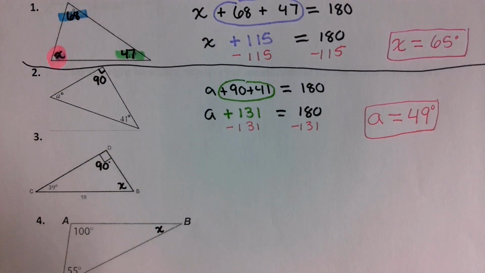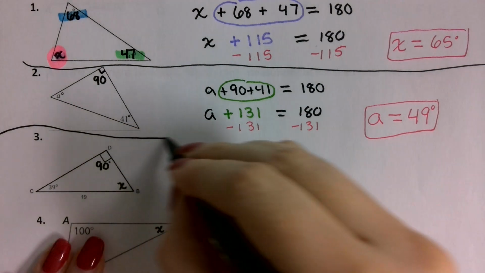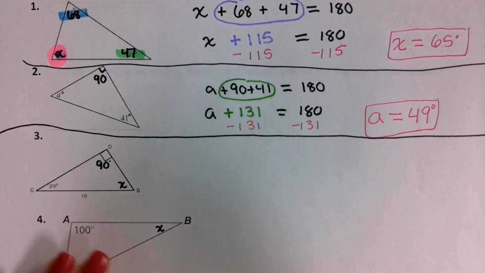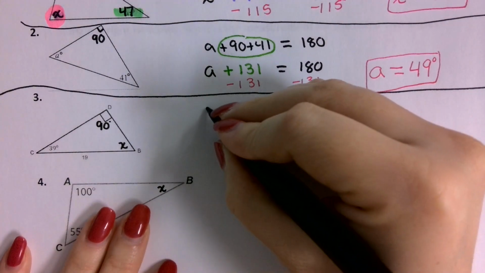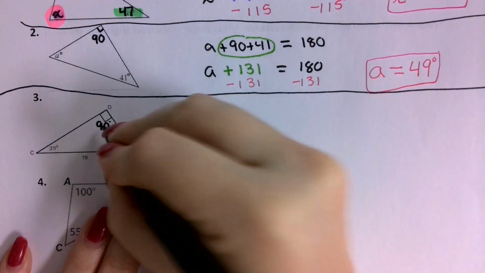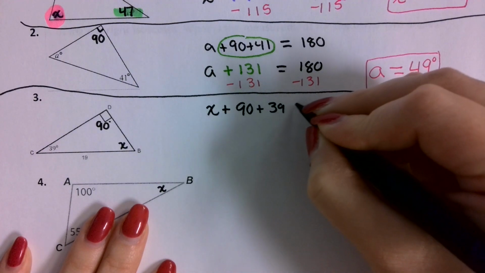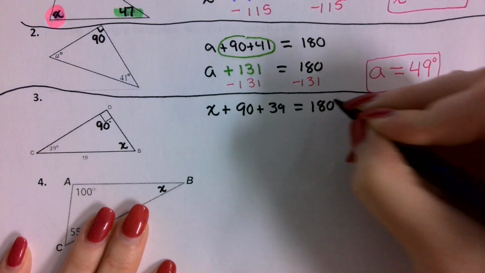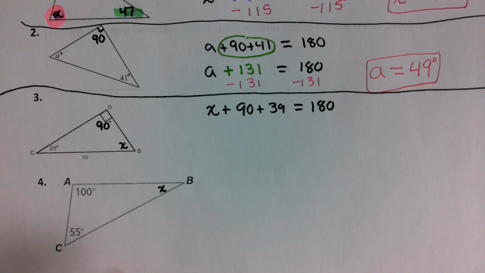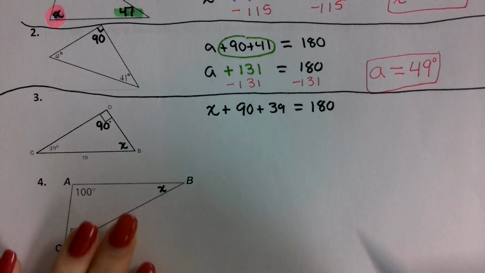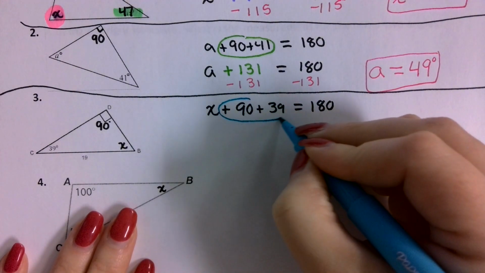Okay, let's take a look at problem 3. When we set this up, we set it up as x plus the 90 degrees plus the 39 degrees. The whole thing, again, is always going to be equal to 180. All triangles are always equal to 180 degrees. We'll combine these terms together.